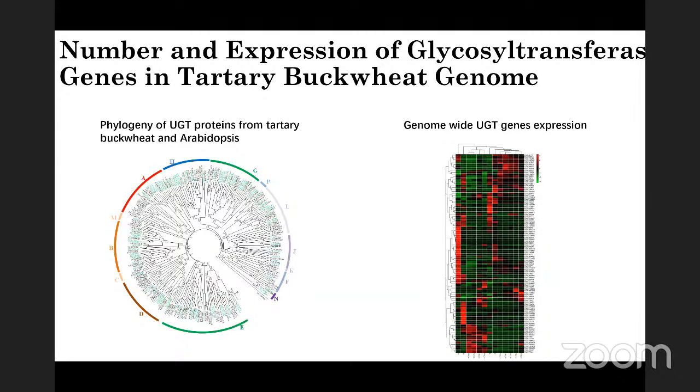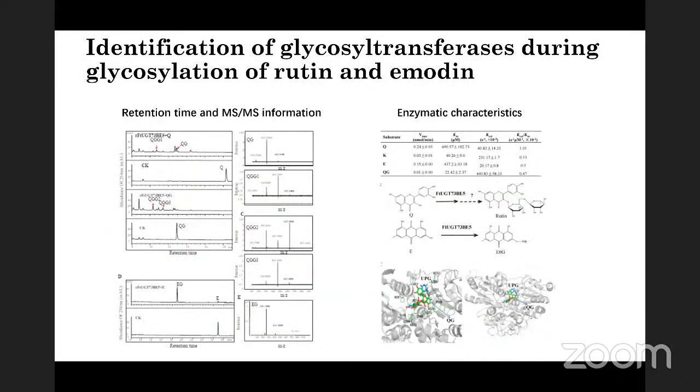We cloned some UGT genes using PCR, and we also used the enzymatic test to reveal which genes are involved in the glycosylation.